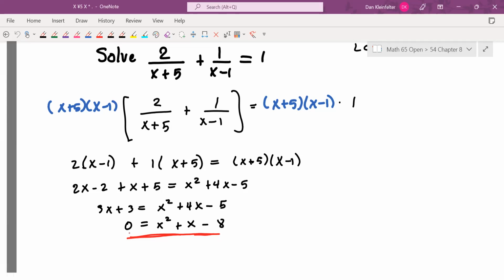So that told me something was wrong because at this stage of our learning, all of these problems are rigged in such a way that you're going to end up with something here that factors. Later on, as you study more algebra, you'll get to learn how to solve more equations like this one where they don't factor. But all these rational equation problems are set up so that they will factor.